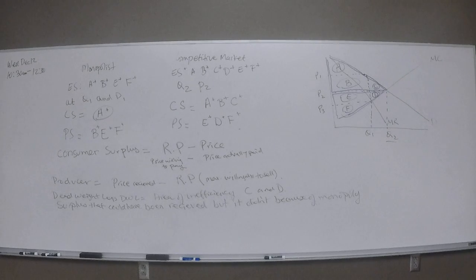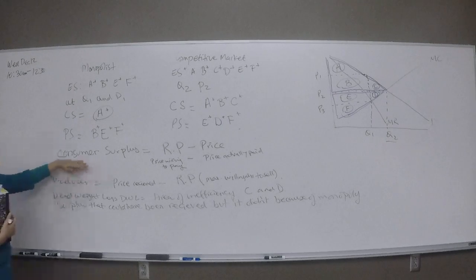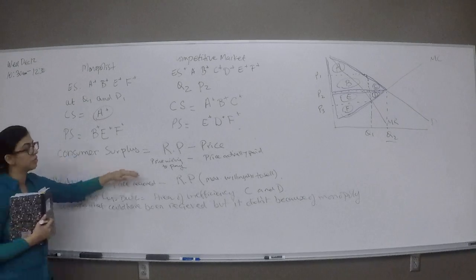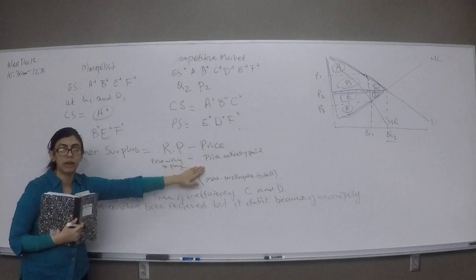So any questions so far on this? Yes, Christian? What does RP mean? Reservation price. Price willing to pay. Remember we did this before. Consumer surplus or consumer benefits is equal to reservation price minus price actually paid.